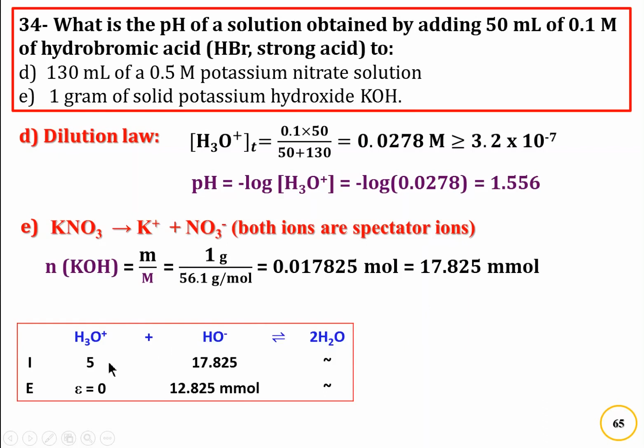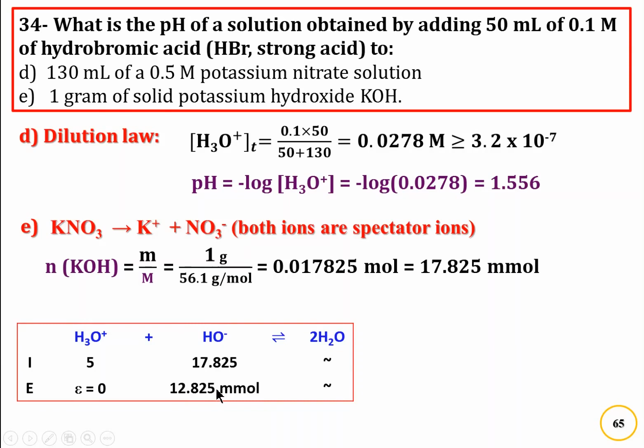We write the reaction. We have H3O+ 5 millimole and OH minus 17.825 millimole. So OH minus is in excess, and the number of moles of OH minus in excess is equal to 17.825 minus 5, so 12.825.